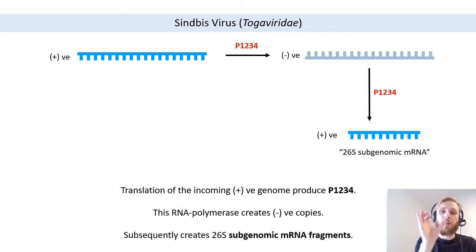So initially you have the positive strand, it's translated into protein. The protein that is made is P1234. Then this can produce a negative sense copy of the positive sense viral genome. And then this negative sense copy is used to produce 26S subgenomic mRNA, so a subgenomic fragment.